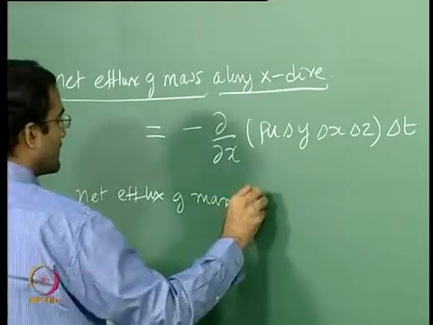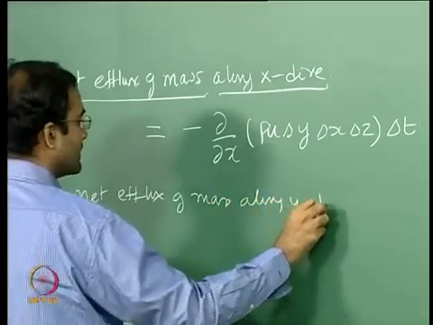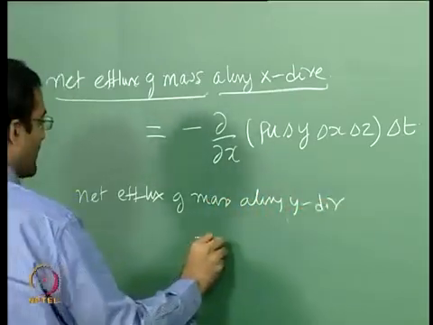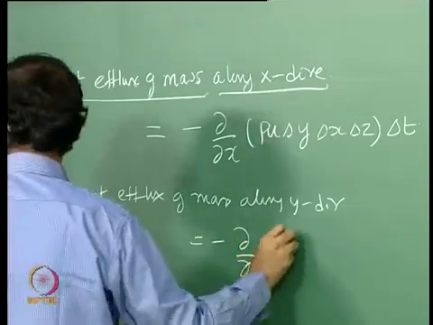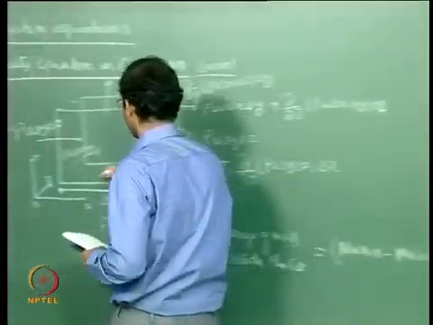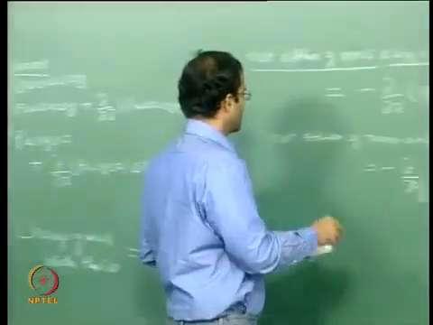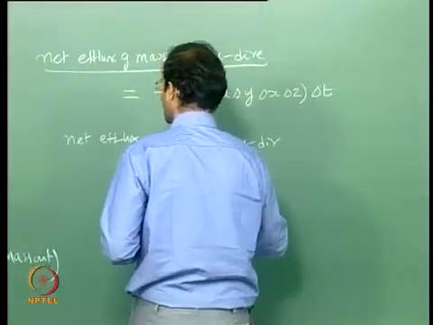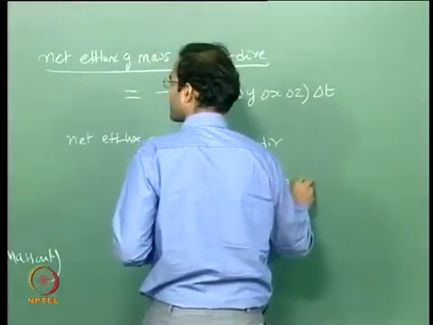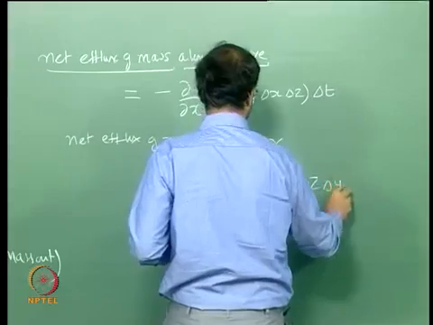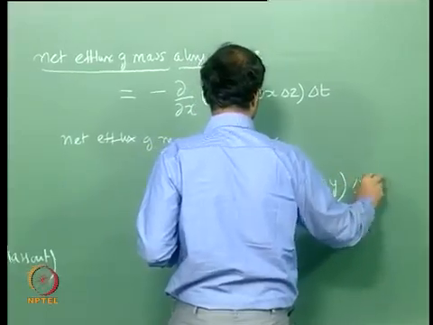So along the y direction, you have minus d by dy of the mass coming in minus the mass which is leaving, which is rho v delta x delta z delta y into delta t, which will give me the mass.